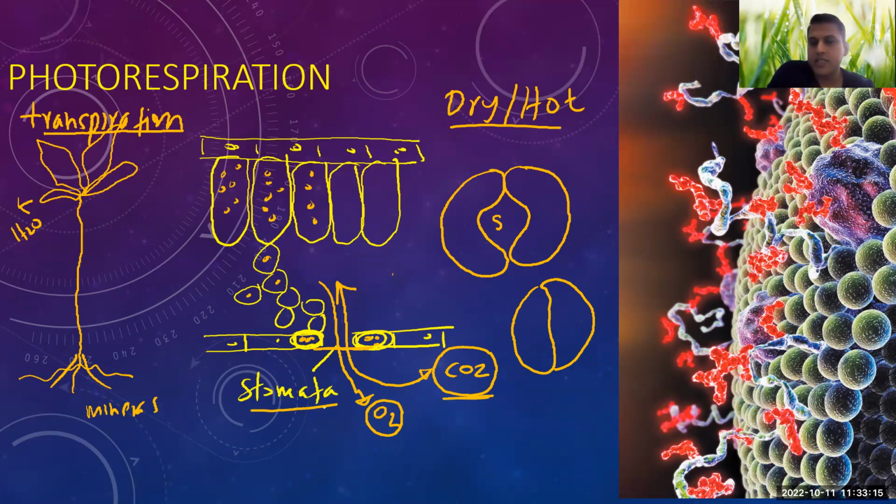If the guard cell is closed, the stomata is closed, and the carbon dioxide level inside decreases. Carbon dioxide is needed from the air to start the Calvin cycle, or light independent reaction.